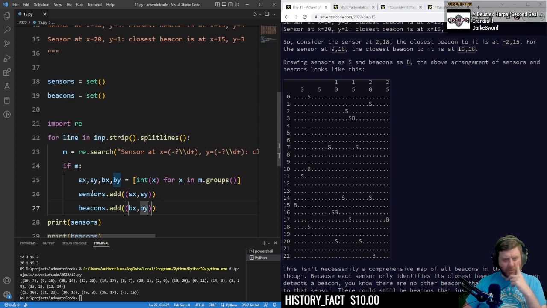So basically, the way this works is every sensor tells me its closest beacon, which basically blacks out a whole region around it.